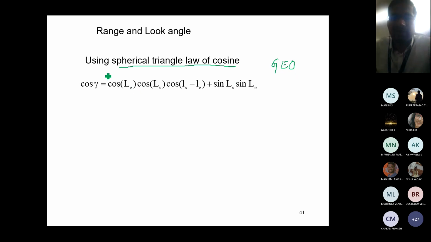So what will be the expression of cos gamma? What I have said, the satellite is a geostationary Earth orbit satellite.